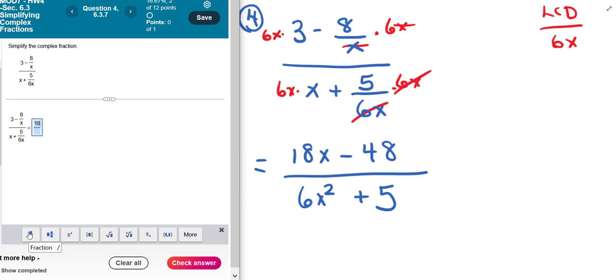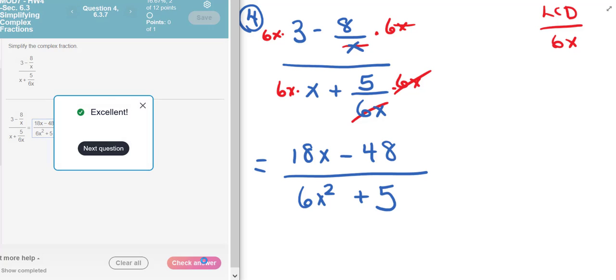So we have 18x minus 48 over 6x squared plus 5. Good.